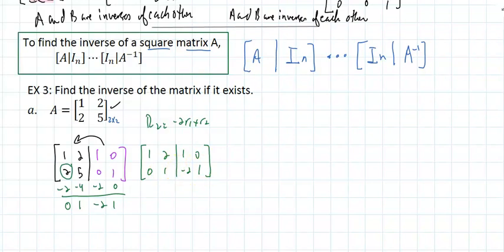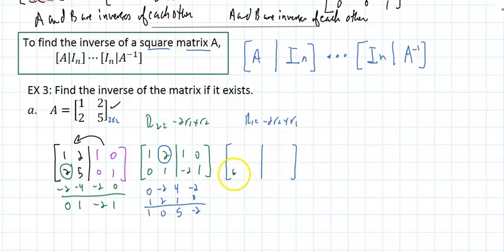Now the next step is to make that a 0. Well, let row 1 equal negative 2 row 2 plus row 1. If I multiply row 2 by a negative 2, that's 0, negative 2, 4, and a negative 2. Add that to 1, 2, 1, 0. Row 2 I'm using, but I'm not changing.